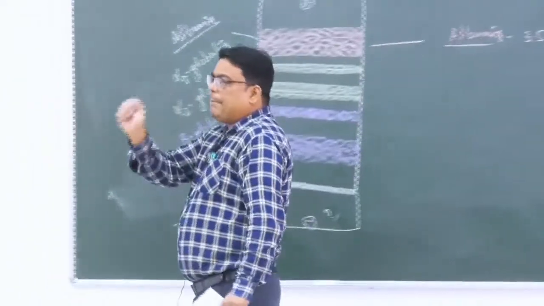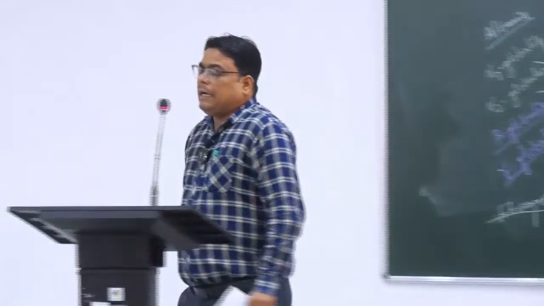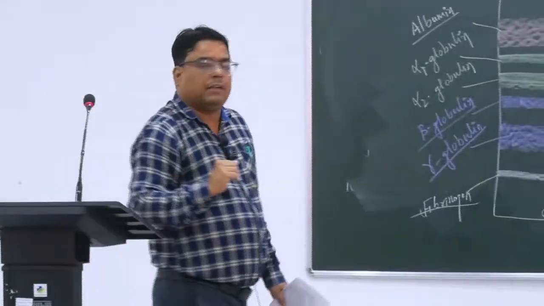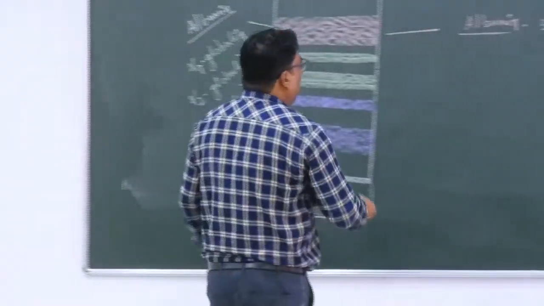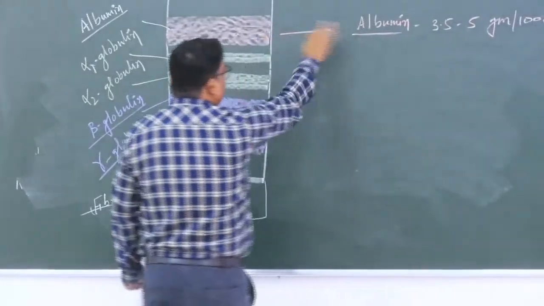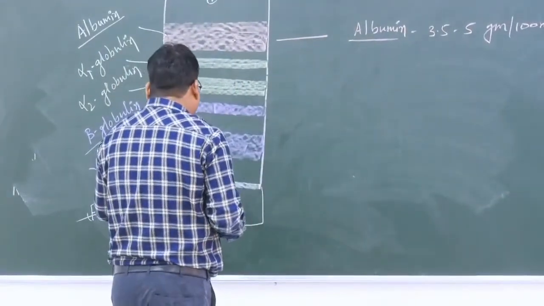Protein is the only parameter counted in gram per dl, rather than other parameters, which are majorly counted in milligram per deciliter. This is the major difference. Albumin is present in a larger concentration.